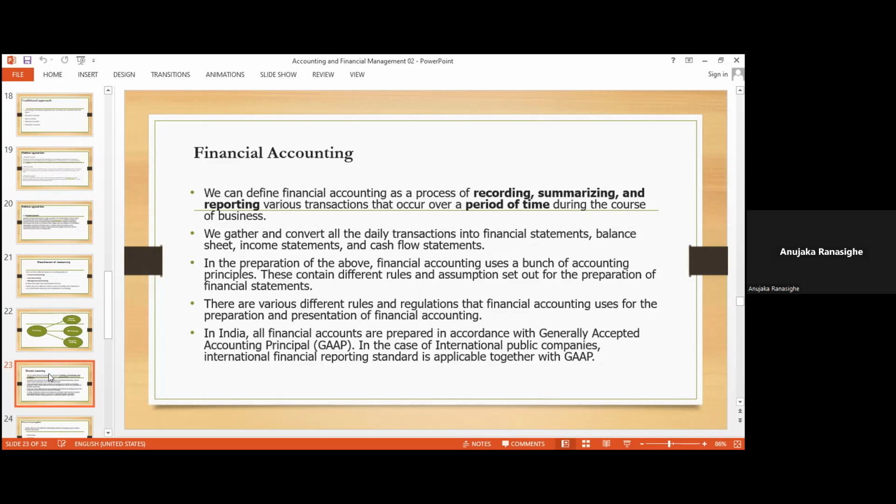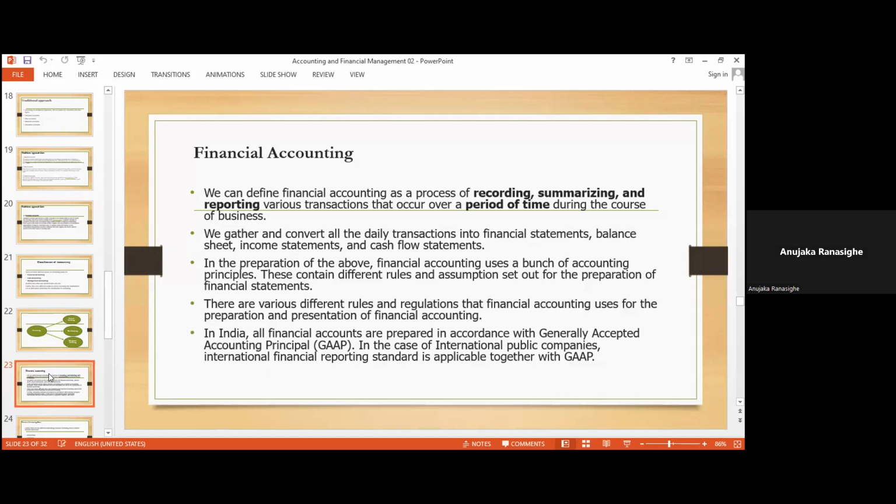The process of recording, summarizing, and reporting is financial accounting, of various transactions that occur over a period of given time during the course of business. We gather and convert all the daily transactions into financial statements: balance sheet, income statement, and cash flow statement.